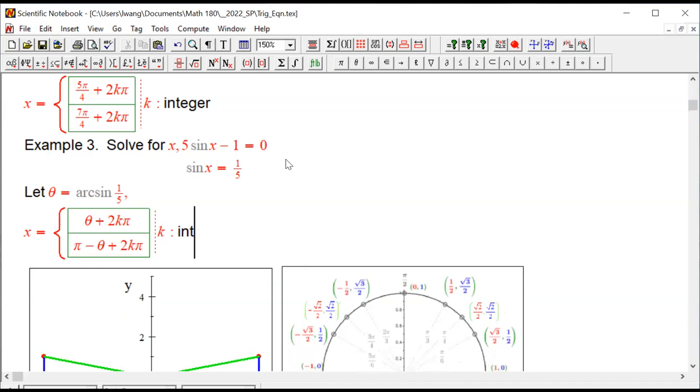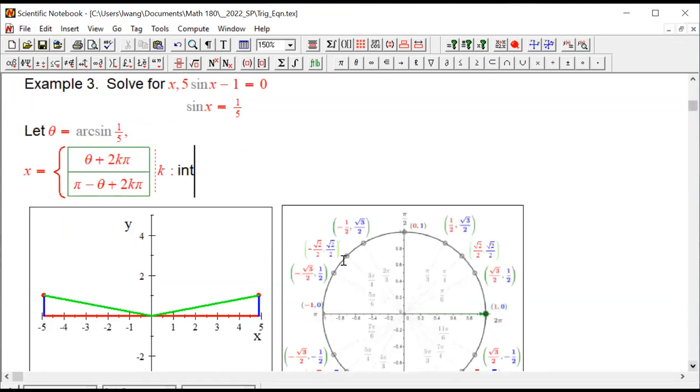And that's how much work you need to show. It would be better if you have this picture. You can use a unit circle, just make sure you mark it properly. All right, so that's example number 3.